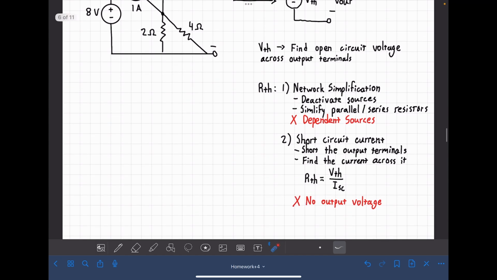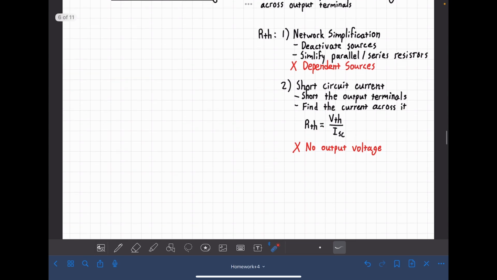So you won't be able to use that zero current to find R Thevenin, because 0 divided by 0 is undefined. So we're going to move on to the third method in case you're trying to find a circuit with dependent sources and without an output voltage.